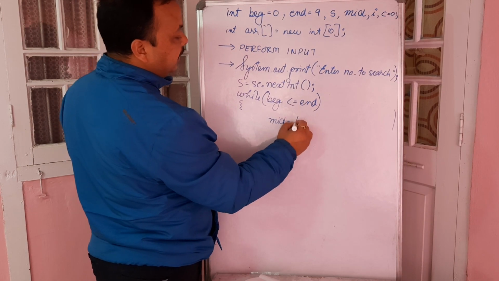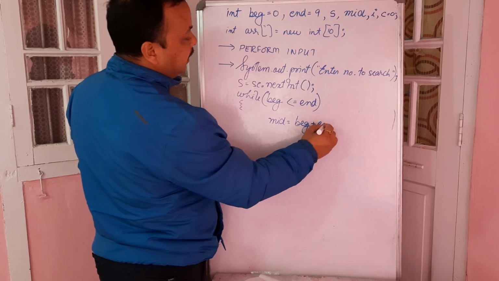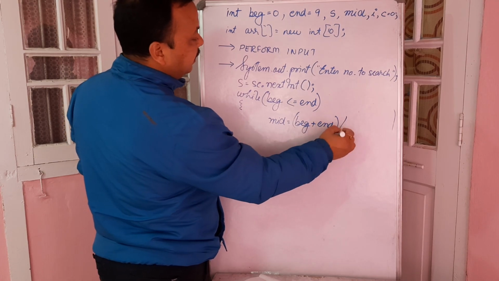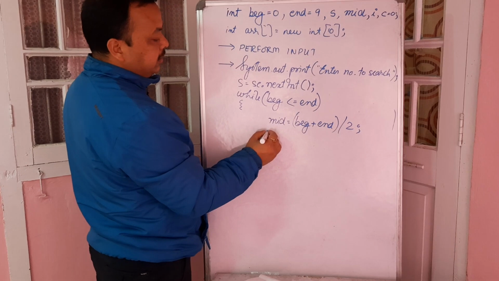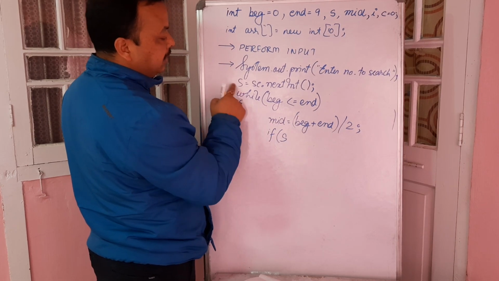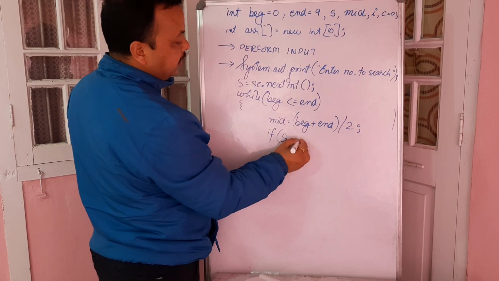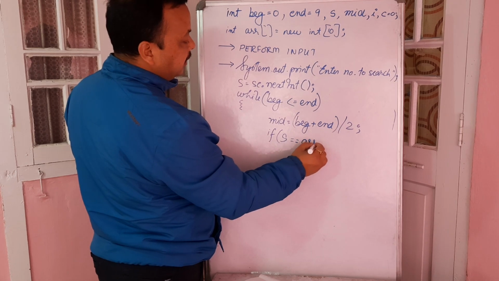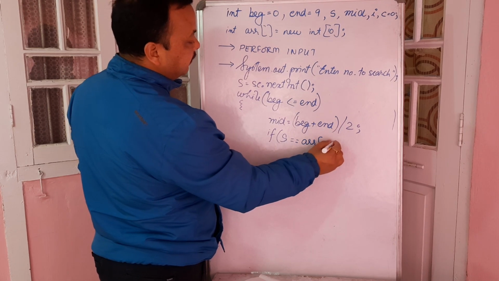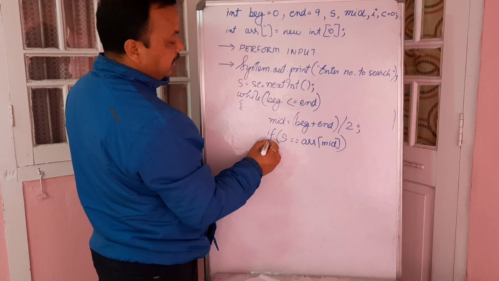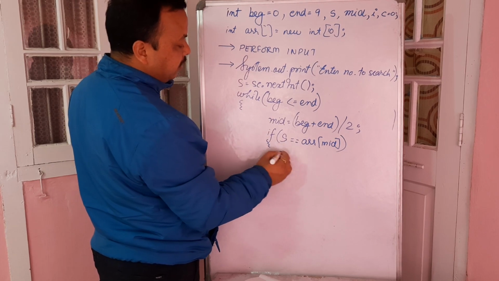Mid is beginning plus end divided by 2. Then you check if the search element is equal to arr of mid.